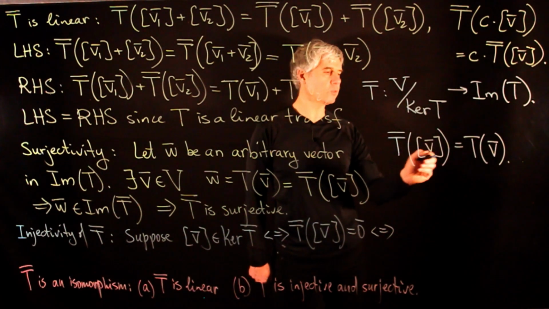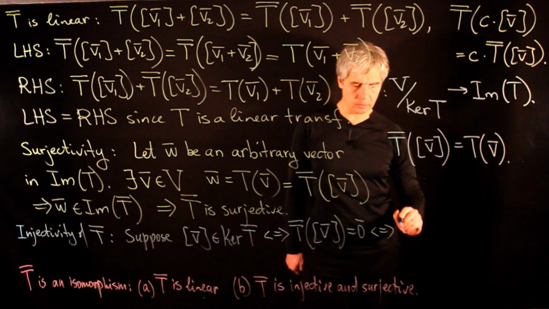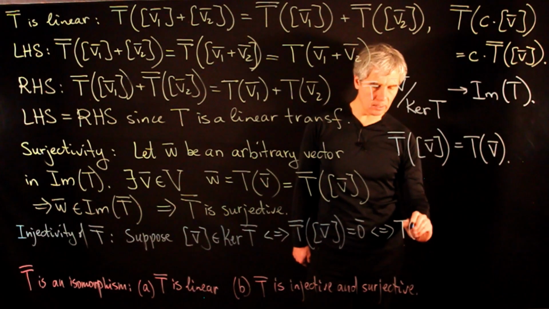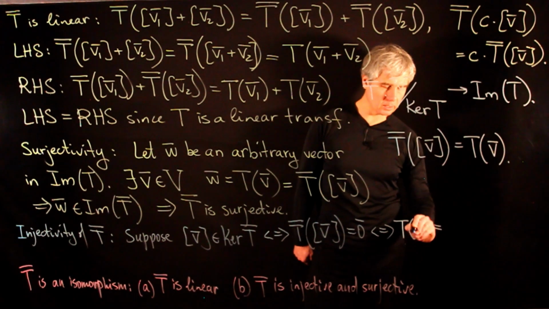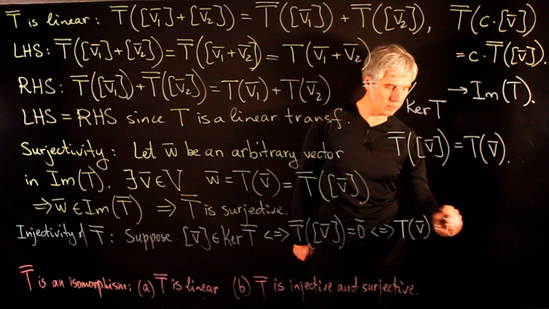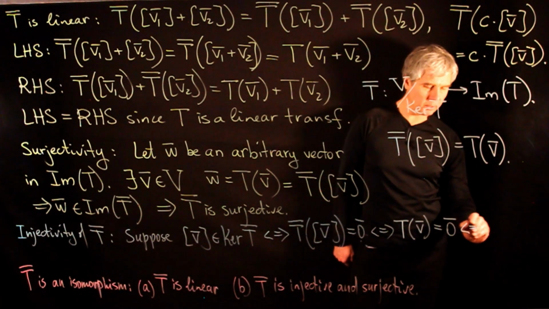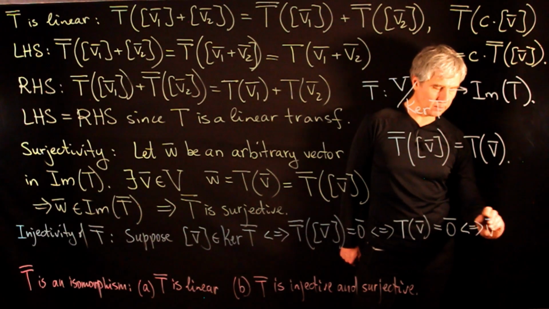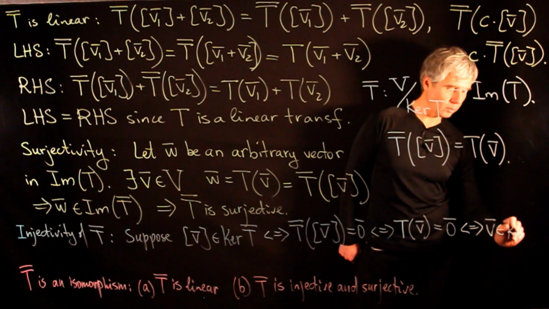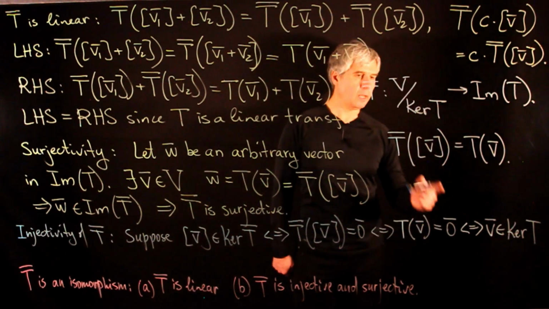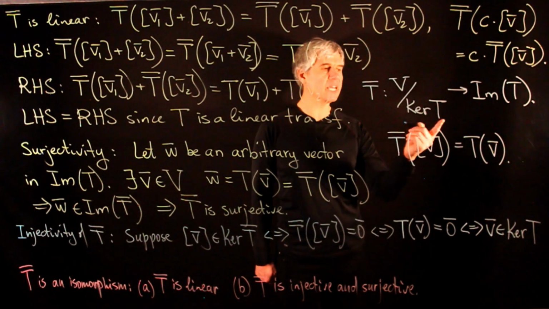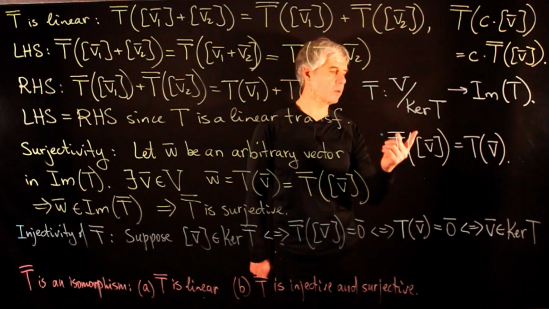T bar of a class of V is equal to T of V. So this is equivalent to saying that T of V is equal to the 0 vector, which is equivalent to saying that V belongs to the kernel of T, and the kernel of T is precisely the subspace that we quotient out.